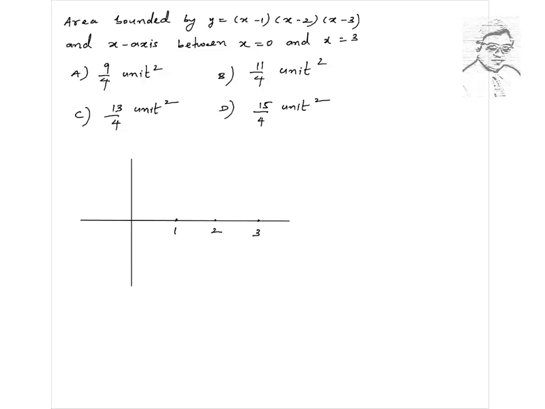When x is very big, all three brackets are positive and the function will become larger and larger. If x is becoming bigger, each bracket will become bigger, so it should approach infinity. Then obviously it must turn. It's a cubic function, a polynomial function. It has to be smooth, so no other choice except this.